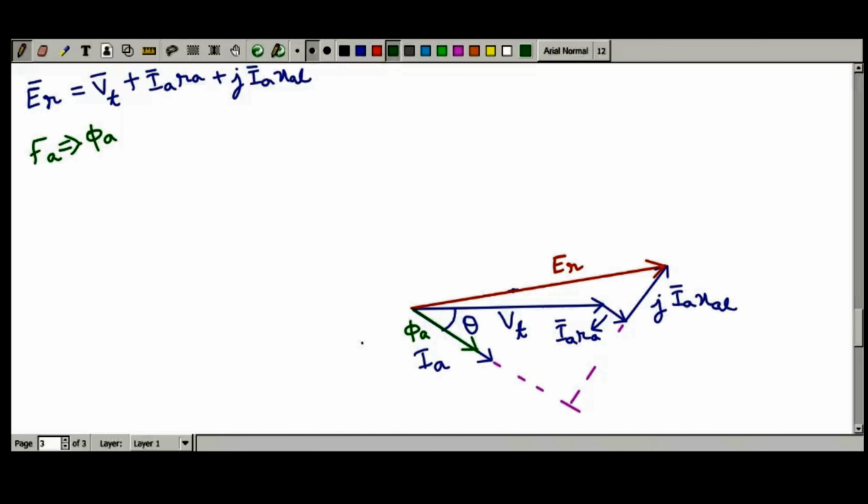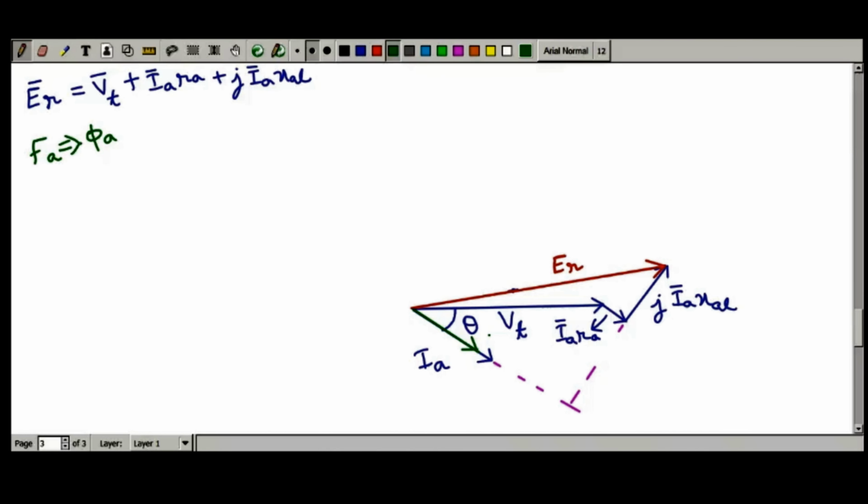Now, if we think simply, what is the nature of the induced EMF in the armature winding? It has to be statically induced EMF, no doubt in that, because the armature windings are stationary, as they are on the stator core.